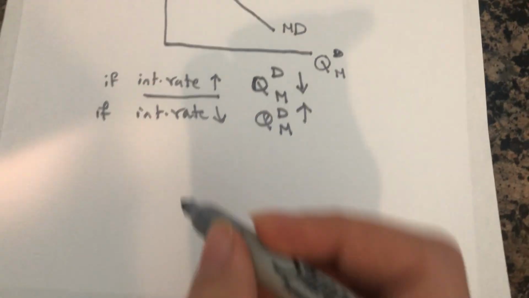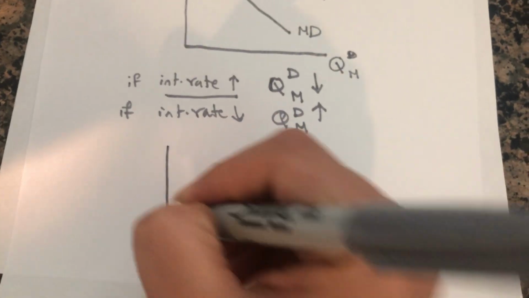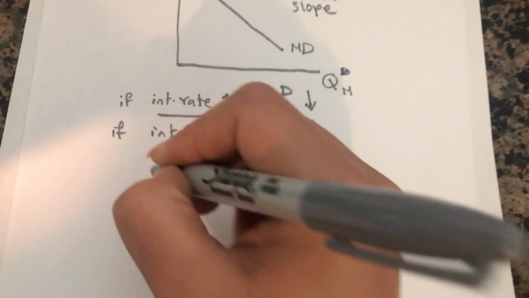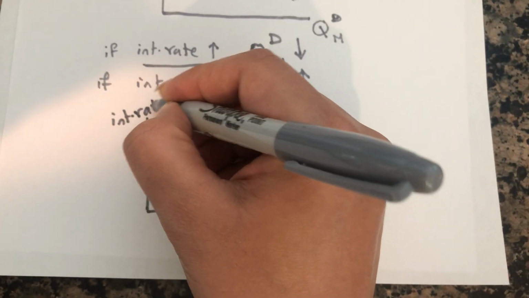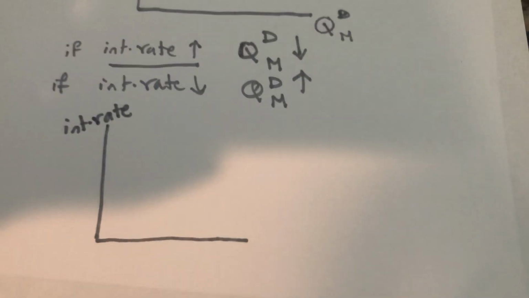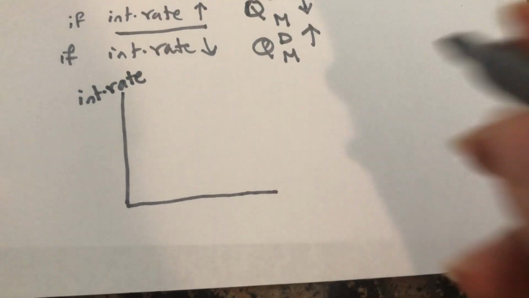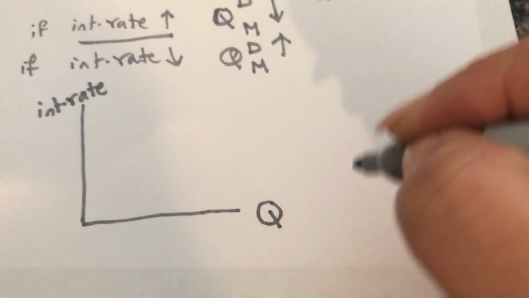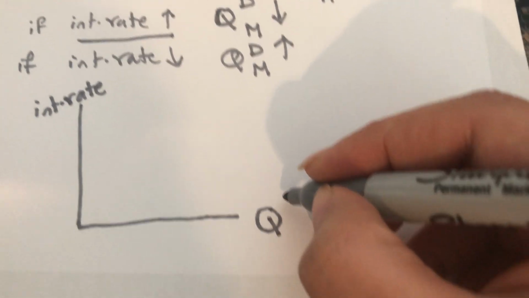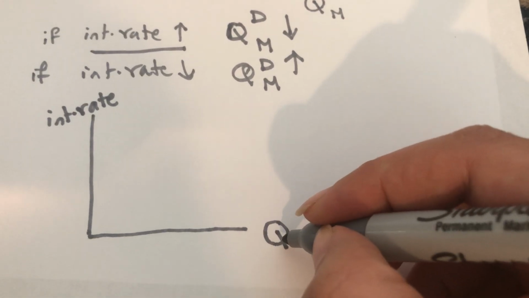So it doesn't really matter what the interest rate is in the market. This quantity is going to be fixed. So again, I'm going to put my interest rate, which is the price in this market, on the y-axis. And since I'm going to draw my supply here, I am going to put the quantity here.